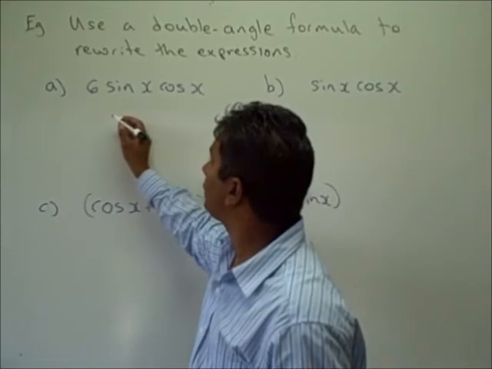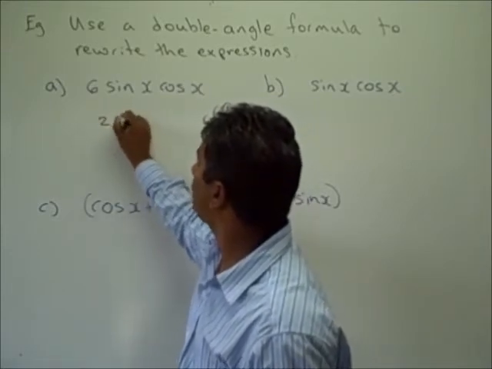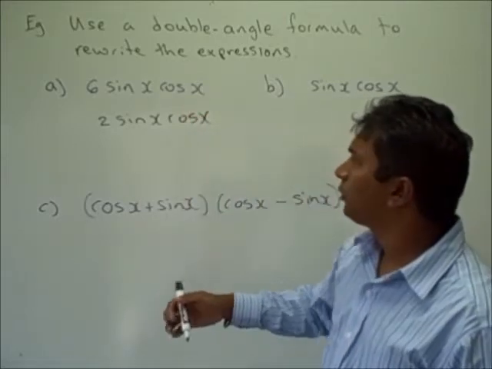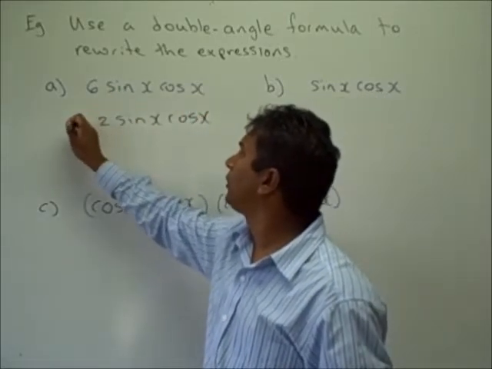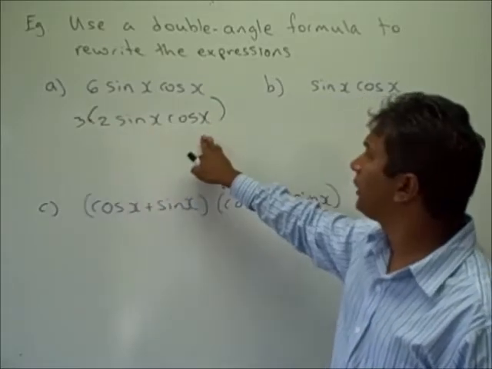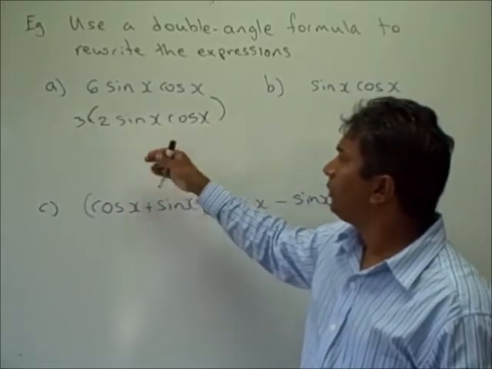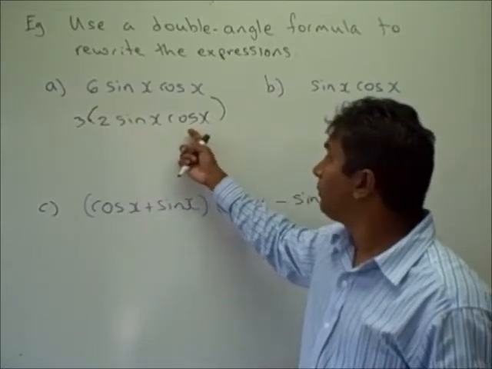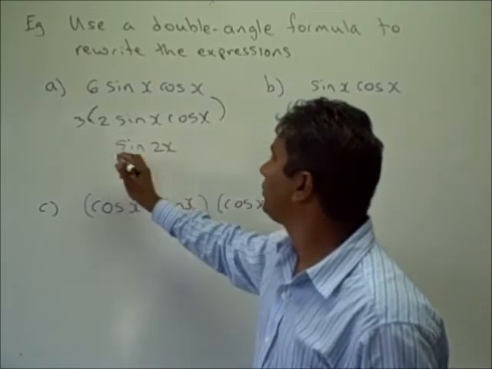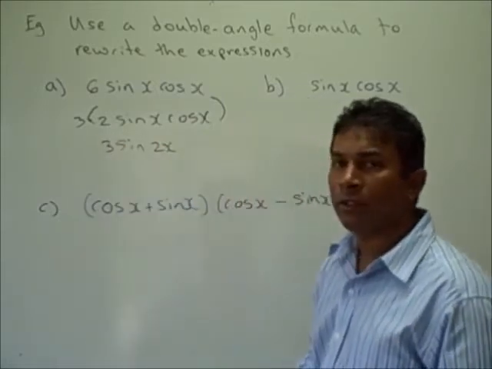We know the sine of 2x would be equal to 2 sine x cosine x. So to get back our 6 here, we need to multiply this by 3. So this becomes 3 times 2 sine x cosine x. 2 sine x cosine x, as we said before, is the sine of 2x. So this becomes 3 sine 2x.